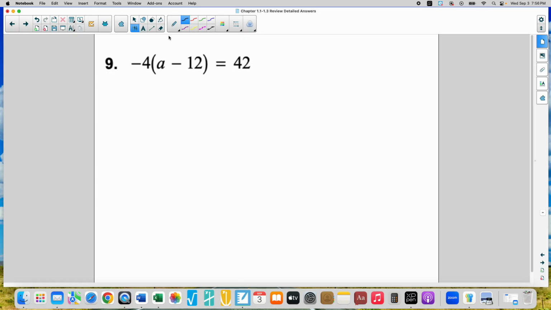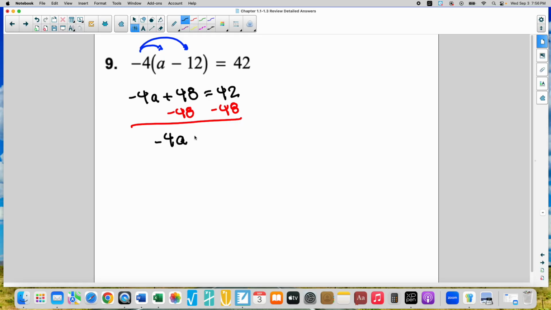Here we go again. We'll do the distribution. Negative 4 times a gives me negative 4a. Negative 4 times negative 12 gives me positive 48 equals 42. Now it's a two-step. Let's subtract 48.